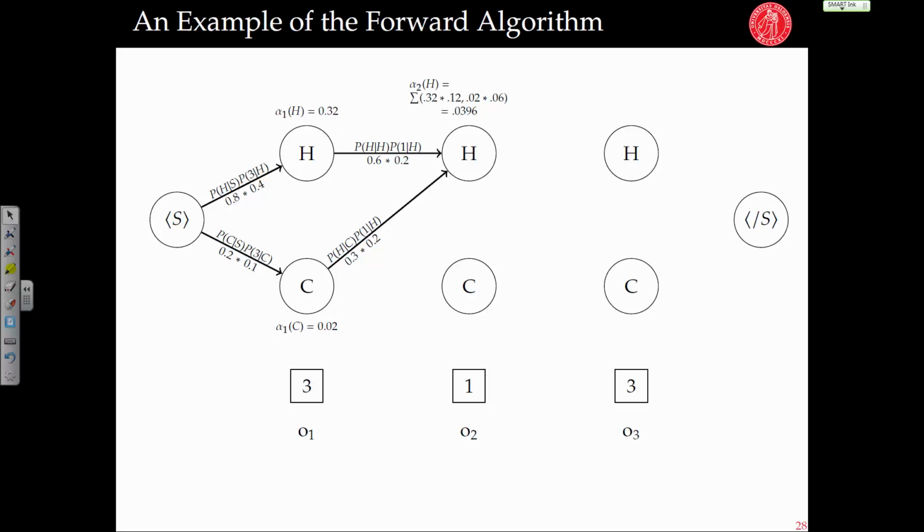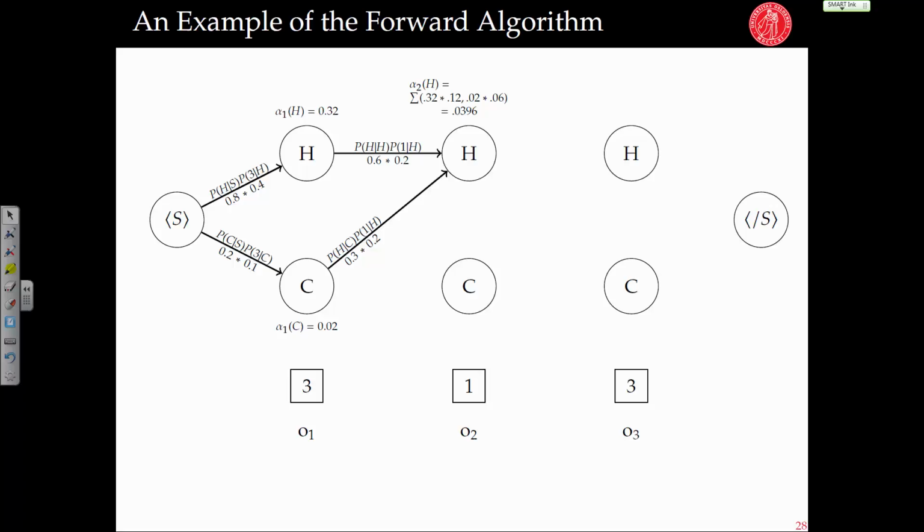Again, this is really parallel to what we have done in the Viterbi algorithm. We look up the probability of being at state h at time i minus 1.